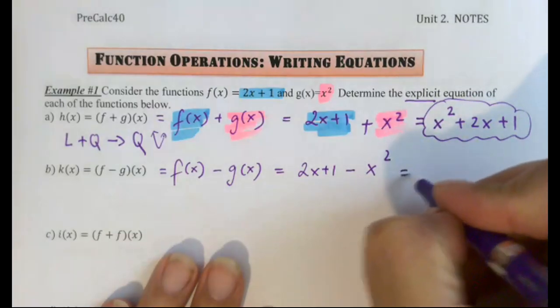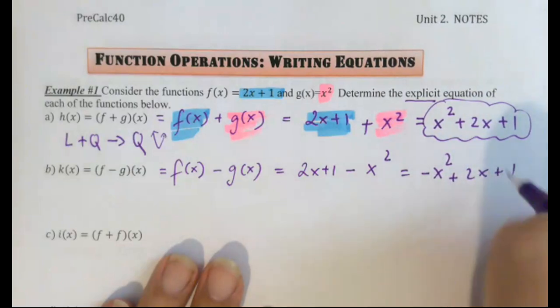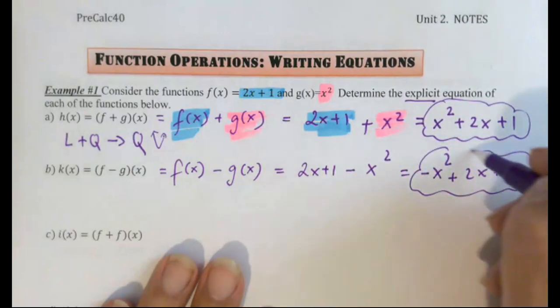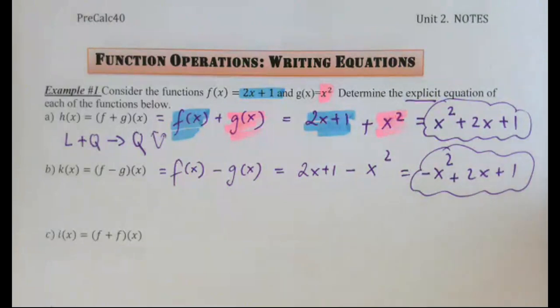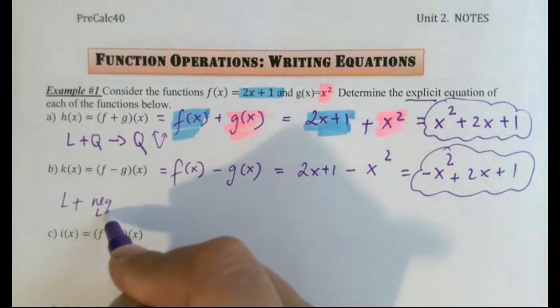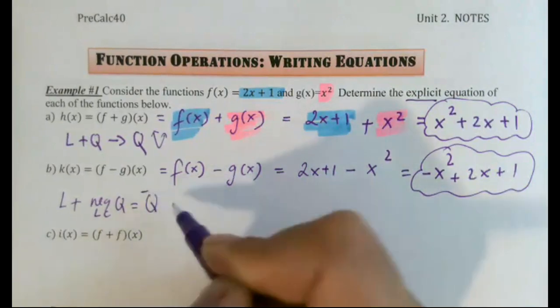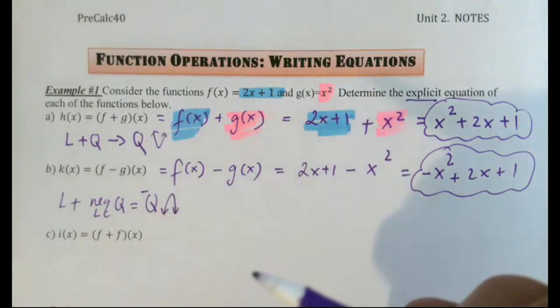So notice we have a negative x squared plus 2x plus 1 as our final equation. So when you have a linear function plus a negative leading coefficient quadratic, you're going to get a quadratic with a negative leading coefficient, which is going to be like that.